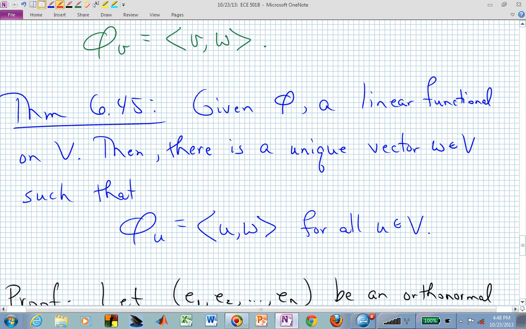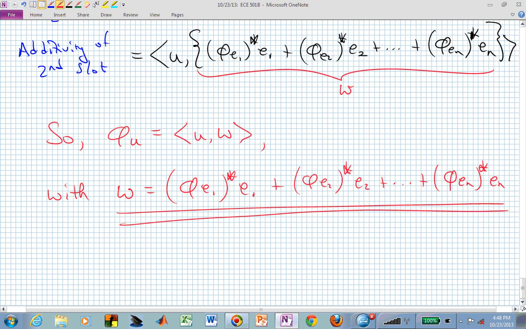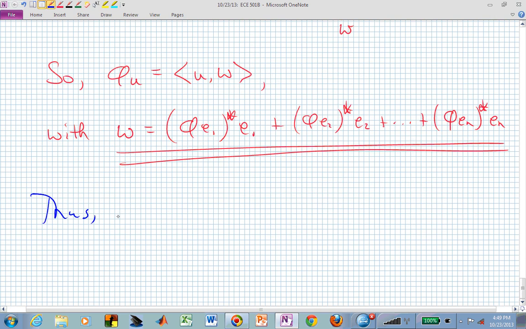And then it's unique. That's what we want to do. So far what we've done is we've shown that a W does exist. Is that W unique?